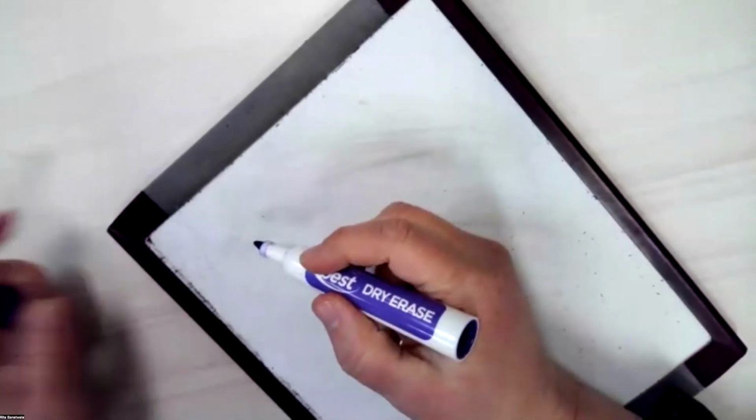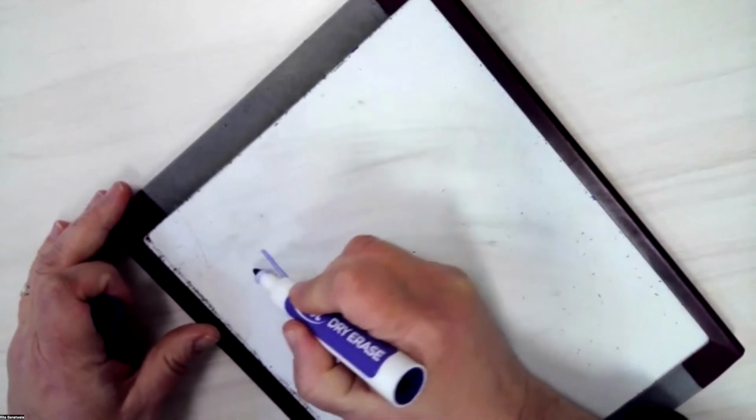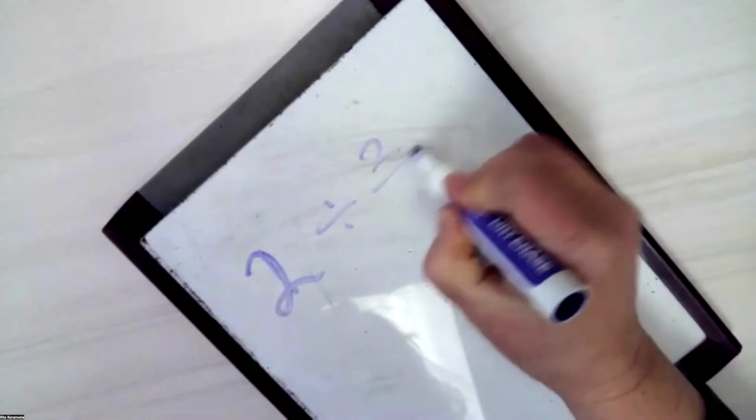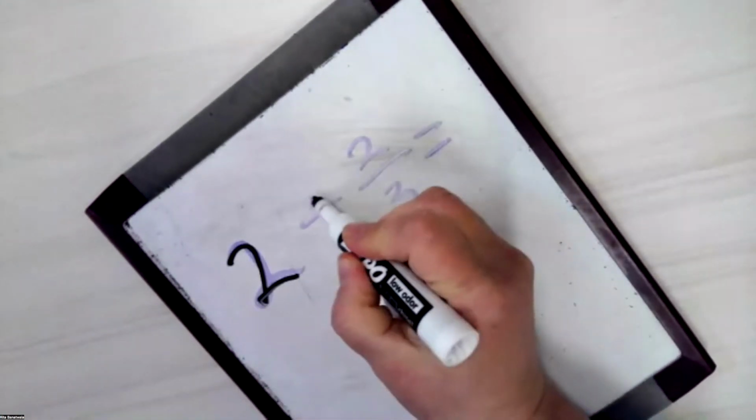So if we take a whole number, we can take 1. Actually, take 2. Let's do something a little more. 2 divided by 2/3. Oh, my marker isn't very good here. 2 divided by 2/3. Make that a little bit darker for you.